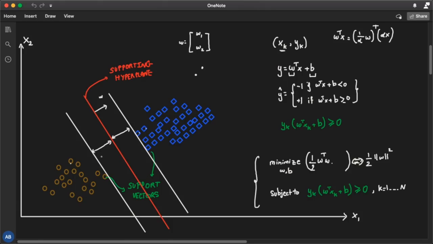A proper way of doing that is saying that, without loss of generality, this support vector over here is the one where y hat is minus 1. And this guy over here is where y hat is plus 1.